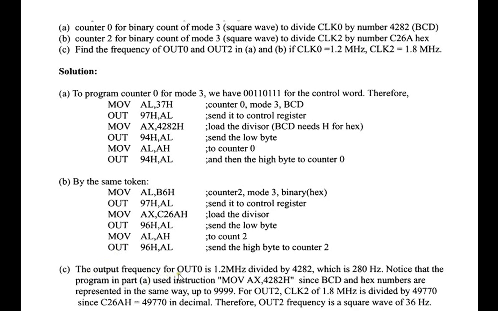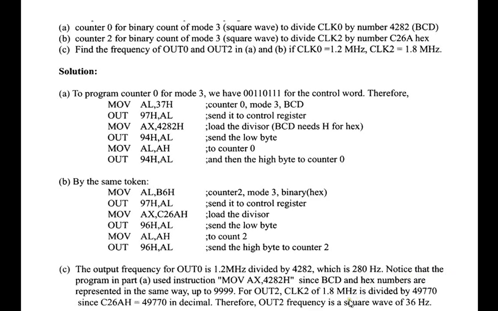The output frequency for out 0 is 1.2 MHz divided by 4282, which was given. This results in 280 Hz.